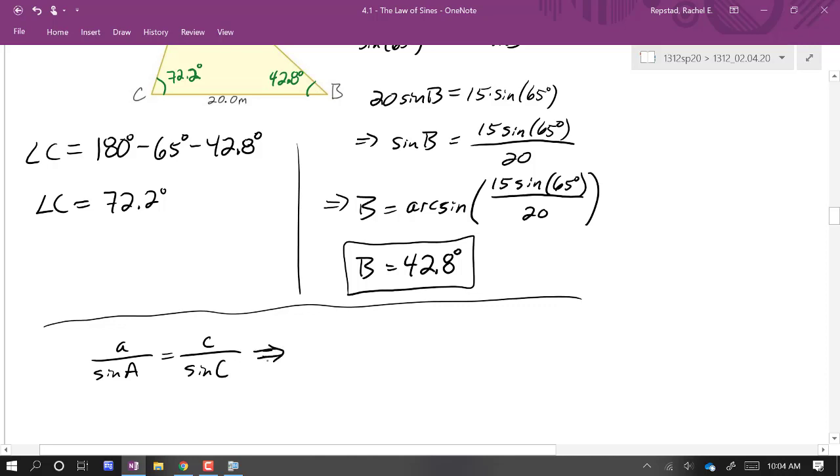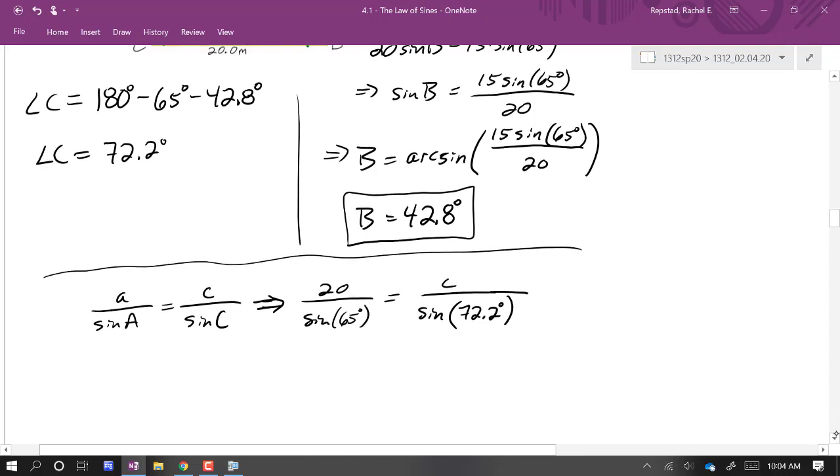So A over sine A is 20 over sine of 65 degrees. This is equal to side C over sine of 72.2 degrees. And now to find side C, we just have to multiply both sides by sine of 72.2.